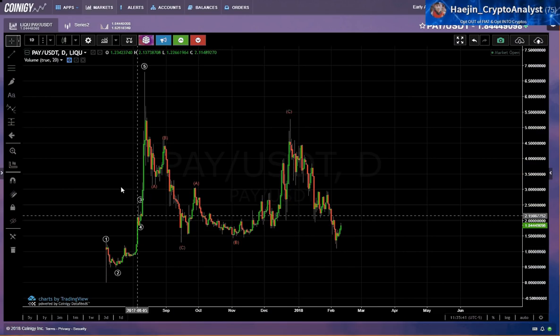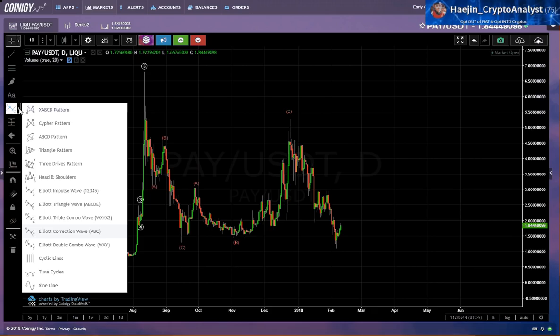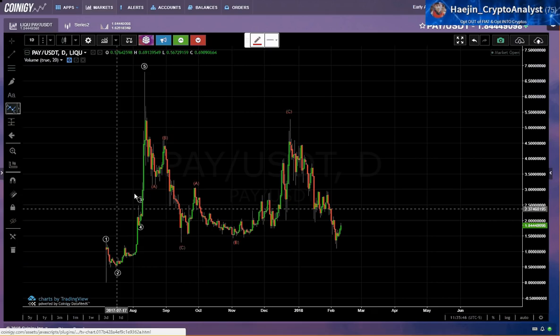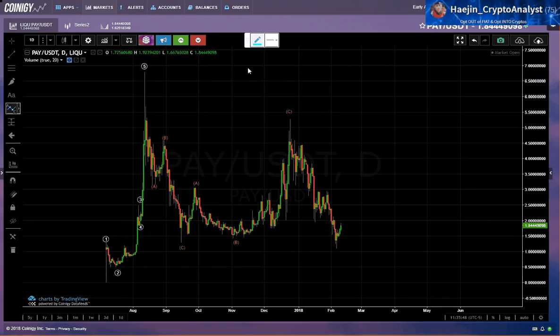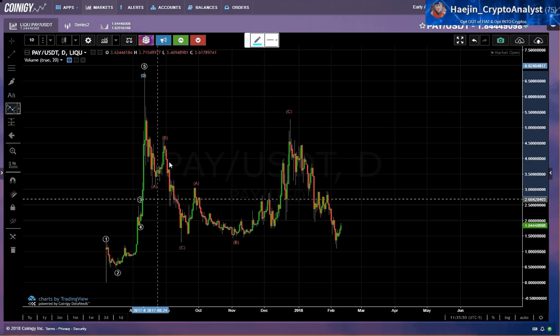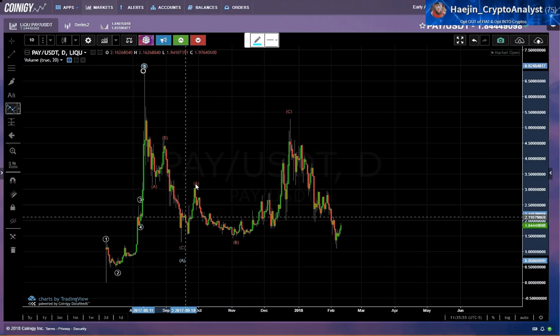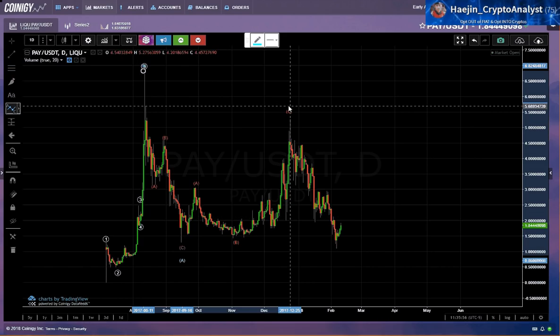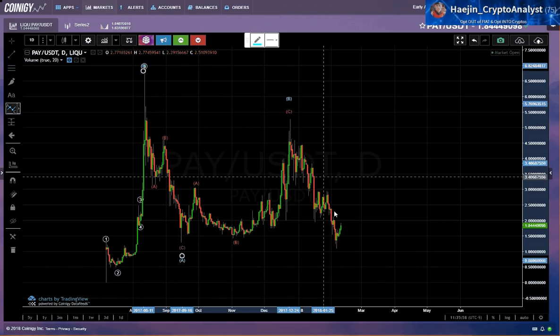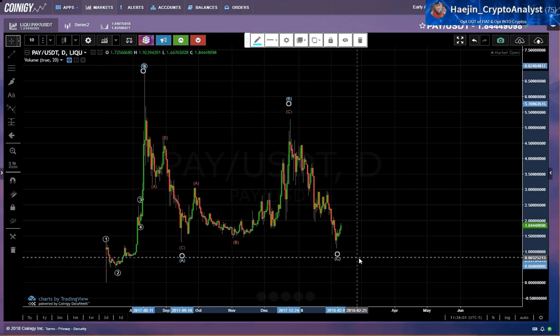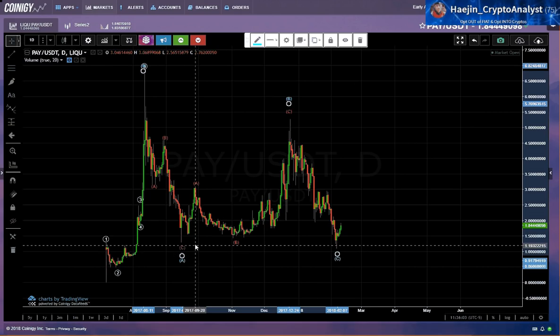That means we have a higher degree of trend, ABC correction going on. So these ABCs are subwaves of a higher degree A. These ABCs are subwaves to a higher degree B, and then we have C on a lower low, slightly lower low.